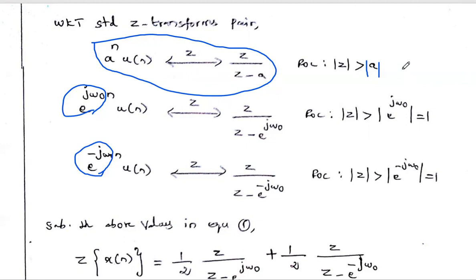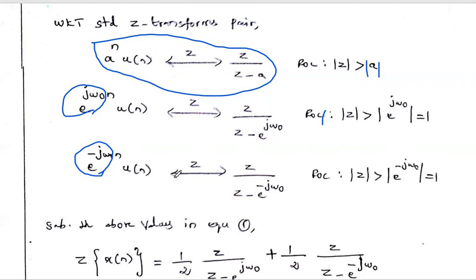What is the magnitude of e power minus j theta? The magnitude of e power j theta and e power minus j theta is the same, it is 1 only. So the first ROC is modulus of Z greater than 1, and ROC 2 is also modulus of Z greater than 1. So what is the combined ROC for this total signal? Modulus of Z greater than 1, that is the exterior part of the circle having radius 1 only.